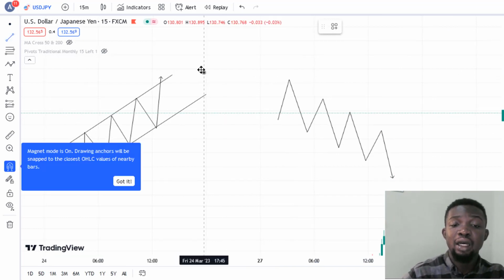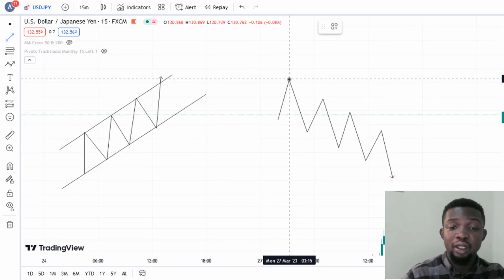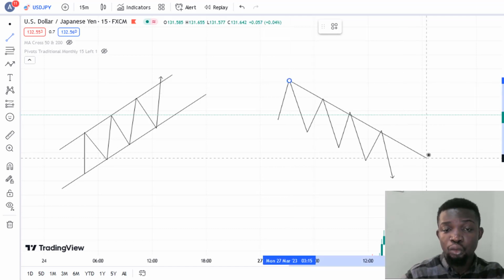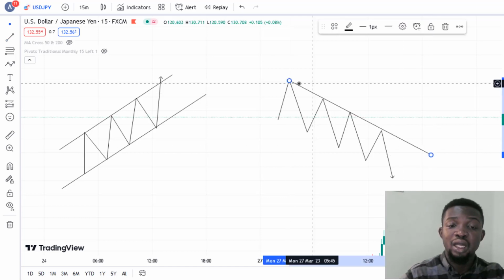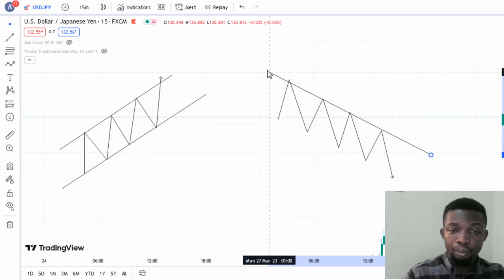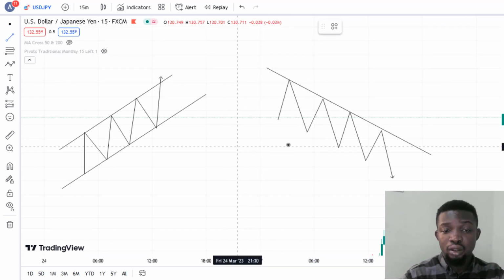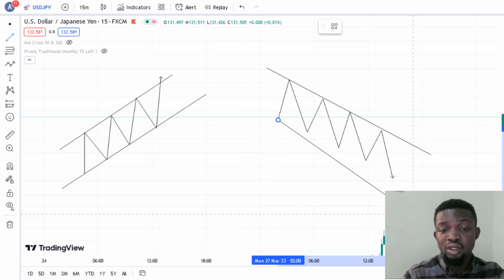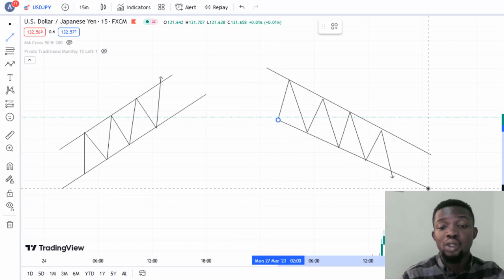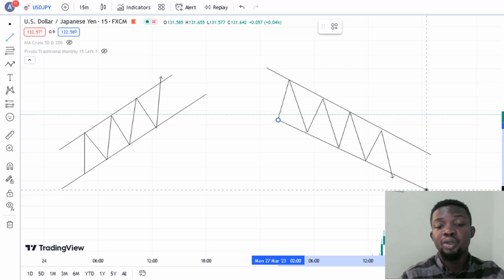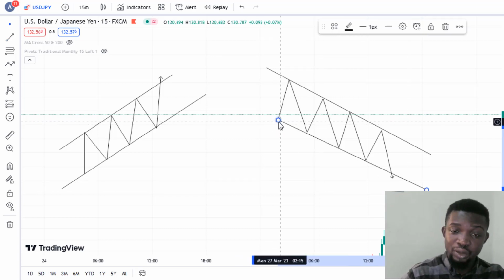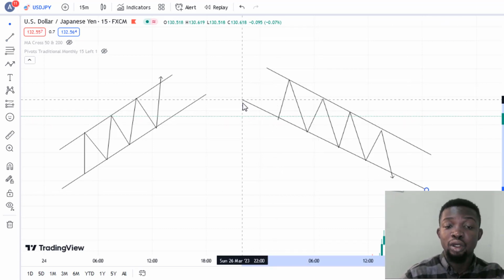So I'm going to connect my lower highs, at least 2 points, because your trend line might not connect all the lower highs, but make sure it connects at least 2 points. As I said, you should go back and watch that video so you can draw it the very right way if you have been doing that wrongly.